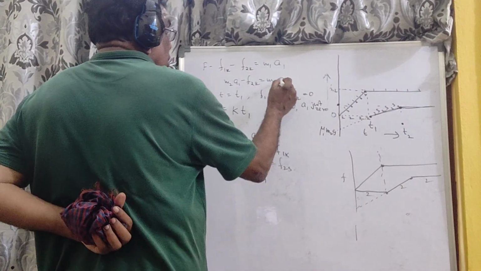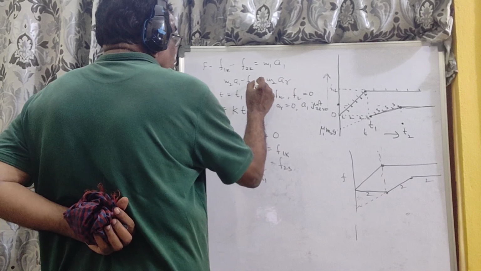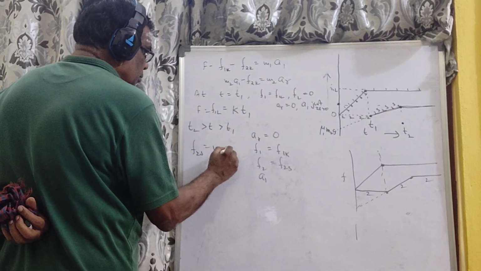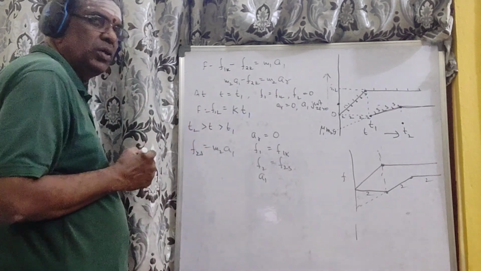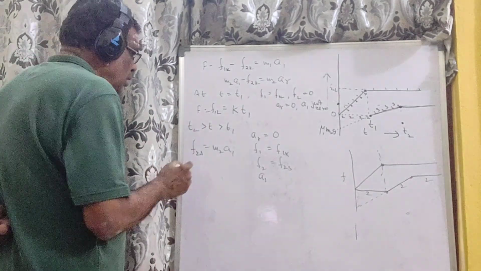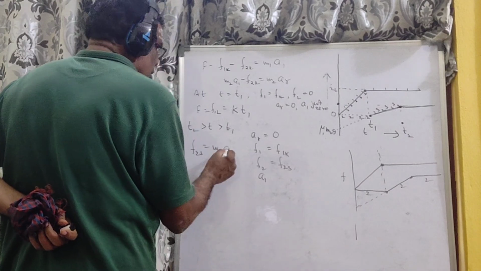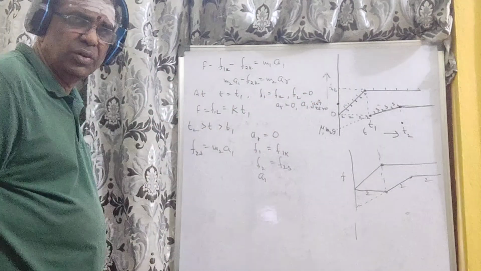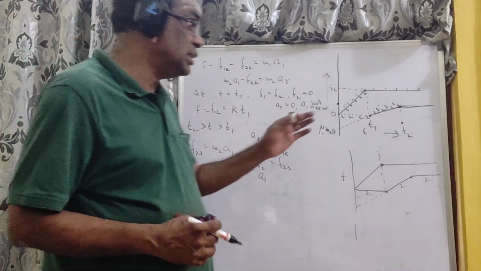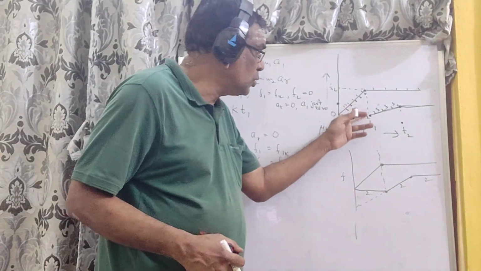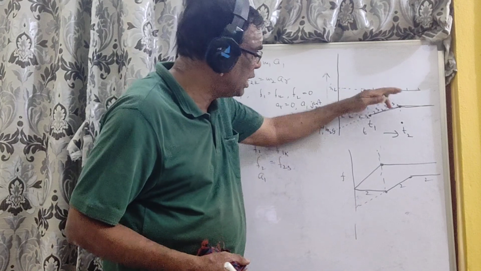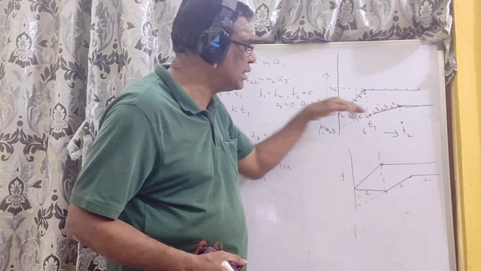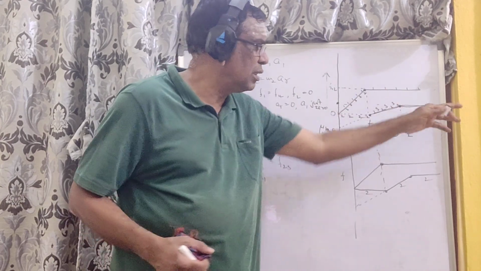So AR is 0, this will go, this becomes F2S. F2S is equal to M2A1, and A1 you can get from this. We already did that before. We got the slope which is less than K. So therefore this is slightly more bending towards the x-axis, the time axis.